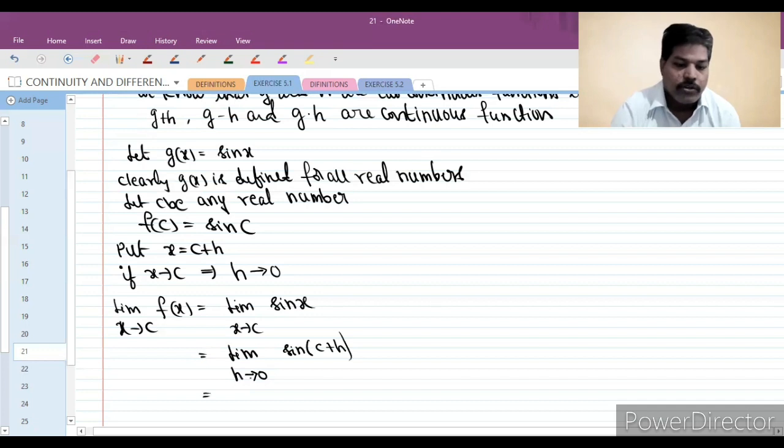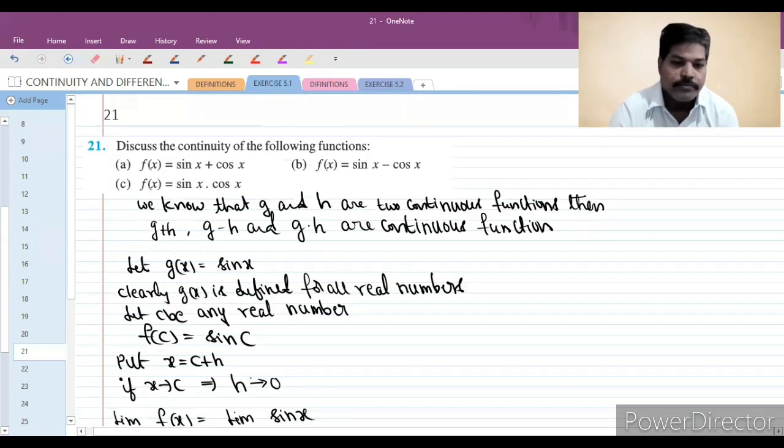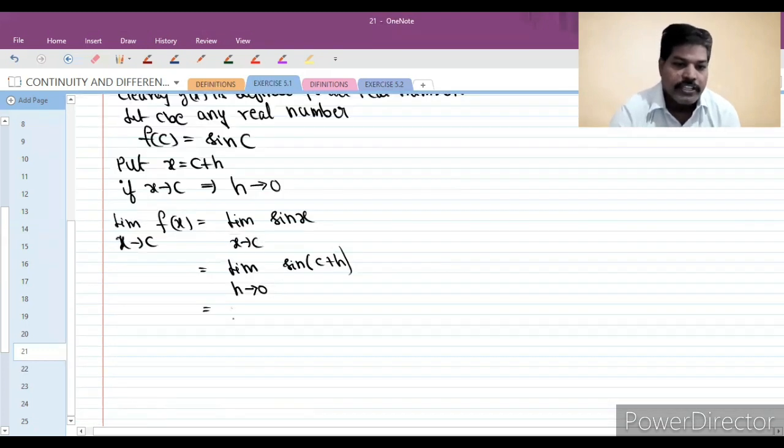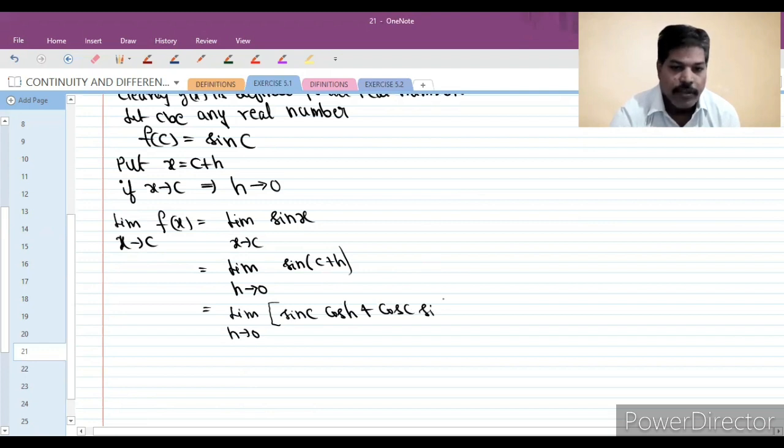So that is equal to limit h tends to 0 of sin of c plus h. What is the formula you have? The sin of a plus b formula: sin a cos b plus cos a sin b.